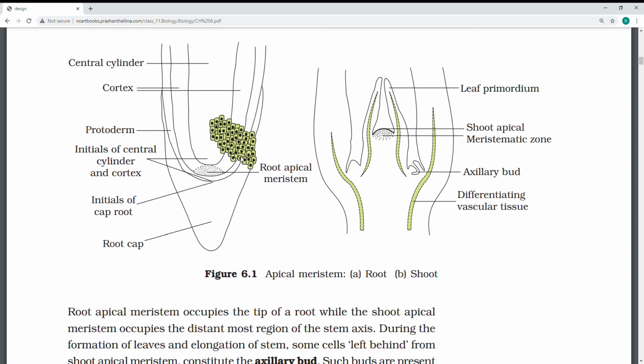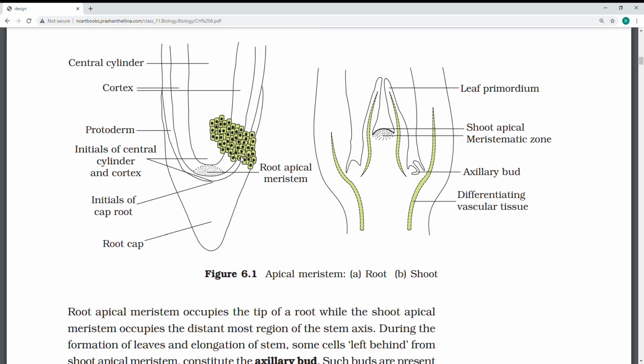Based on origin, it will be primary and secondary meristem. But here we are going to discuss apical, intercalary, and lateral meristems. See the stems near the nodes, the sidewise lateral buds. There the lateral meristems are growing.